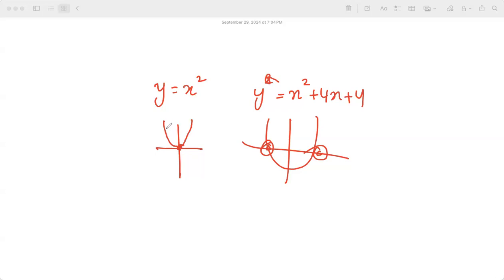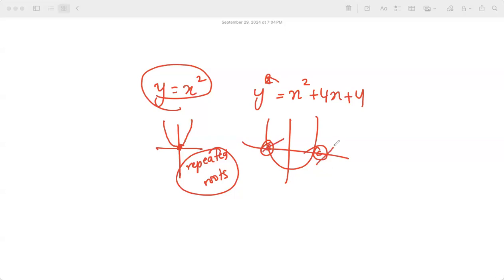We say that it has a multiplicity of 2 in the sense it is a repeated root. This curve has repeated roots. That means it's not just one. There are two roots and it is a repeated root, x equal to 0. You got it? Here there are no repeated roots. This is x equal to minus 2, x equal to 2, two proper roots.